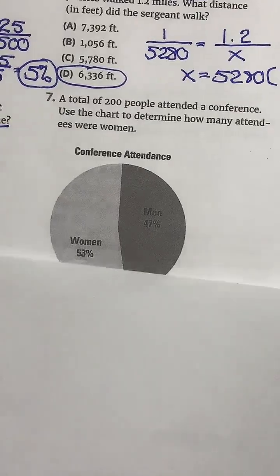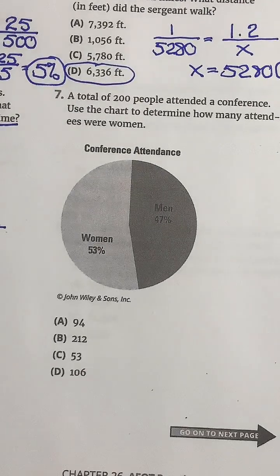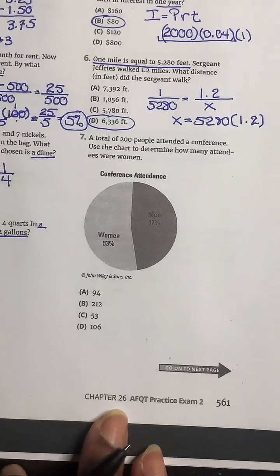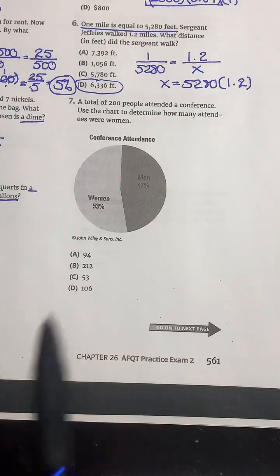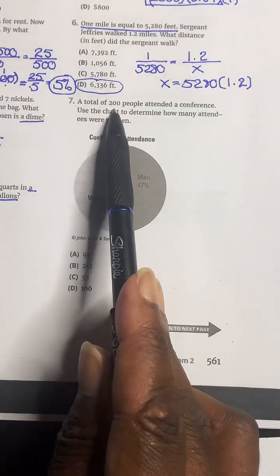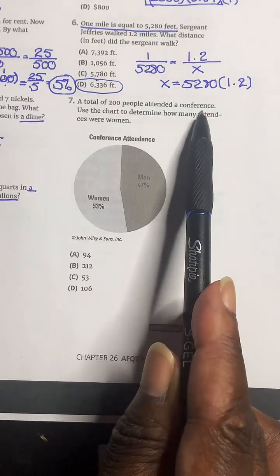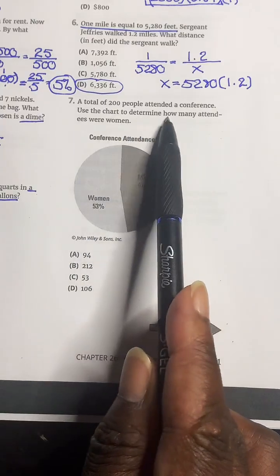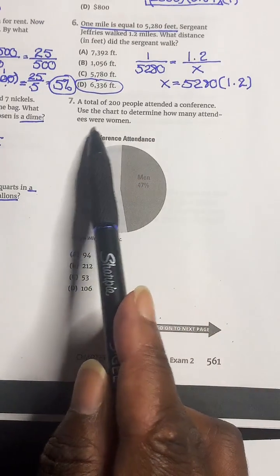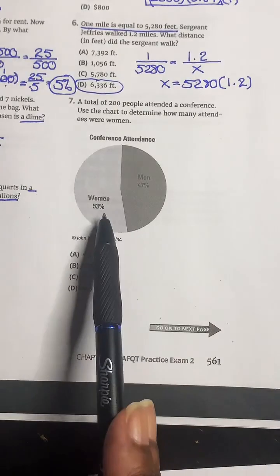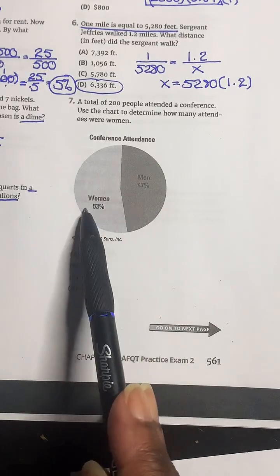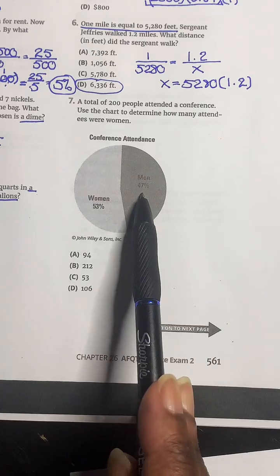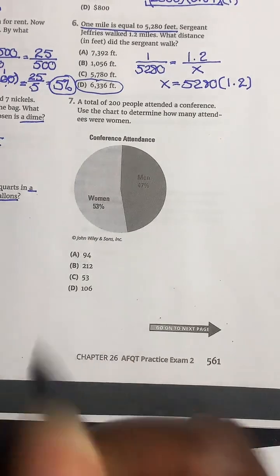Now, this one I'm going to have to shrink quite a bit so you can see the whole thing. But I'll read the very top for you. It says, a total of 200 people attended a conference. Use the chart to determine how many attendees were women. In this section, it says 53% women. In this section, it says 47% men.